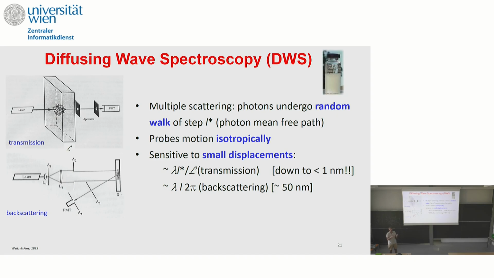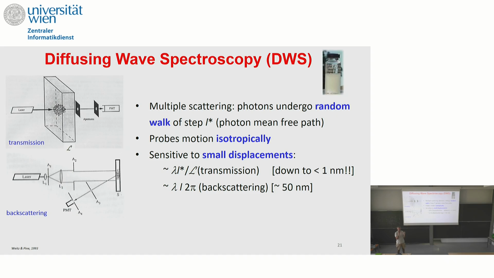So even if your dynamics are anisotropic, they will be probed averaged in all directions because the photon goes in all directions. The very interesting feature about this experiment is that it is extremely sensitive to small displacements. Why is that? Basically, what is important here is the change in phase of the photons that go through the sample.